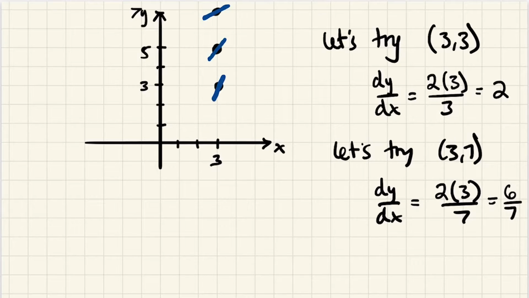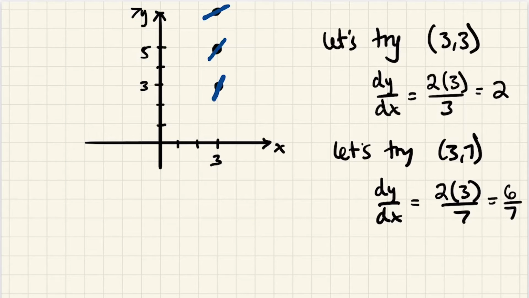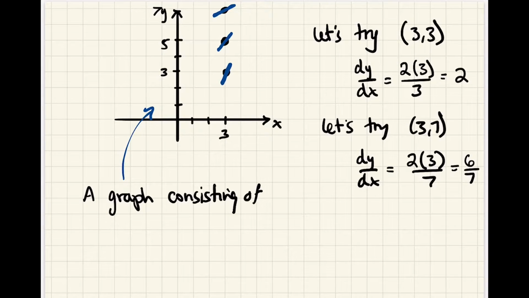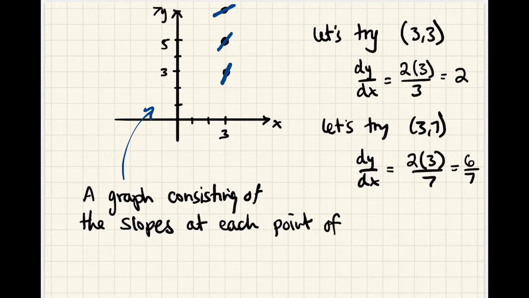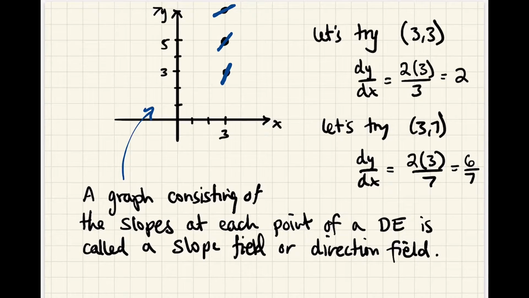All right, well, one could imagine filling the entire xy plane with these little slopes everywhere. In fact, if we were to do that, this would be called a slope field. They're also called direction fields, and in fact, our textbook calls them direction fields.